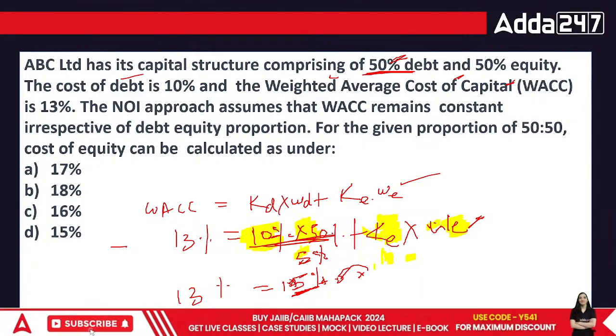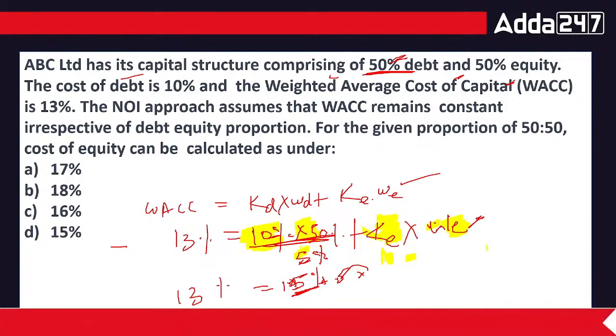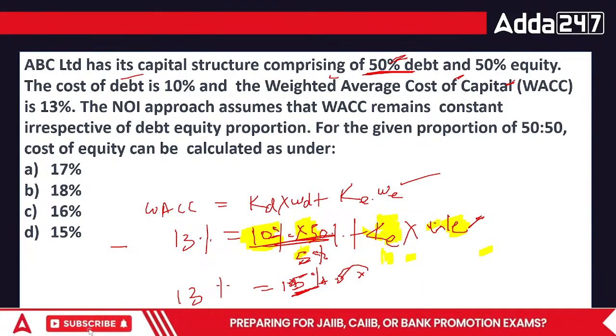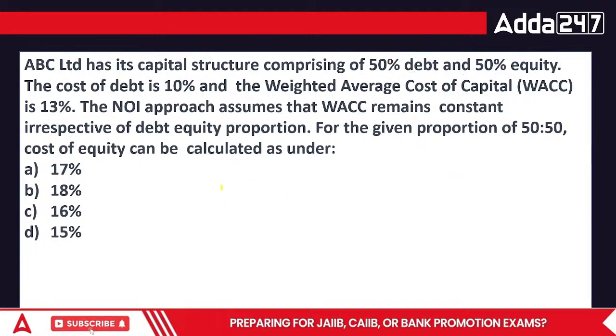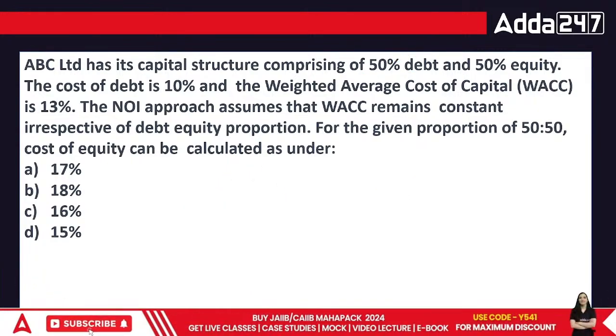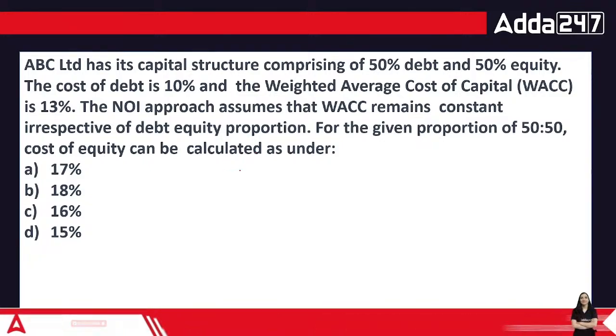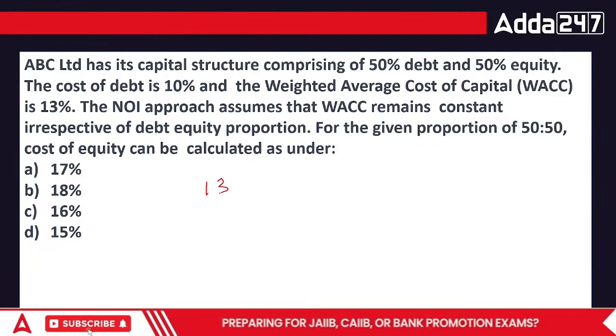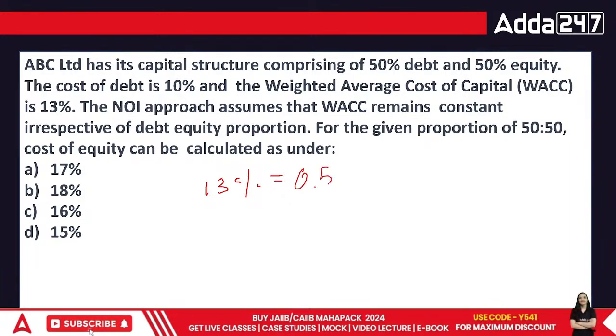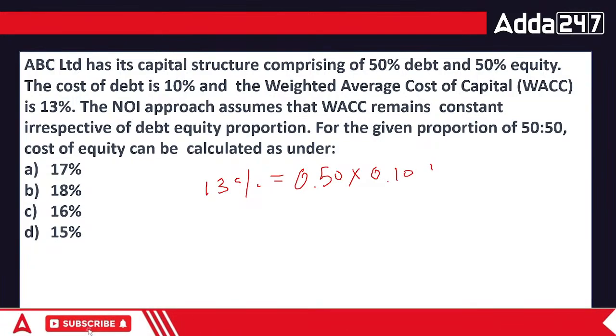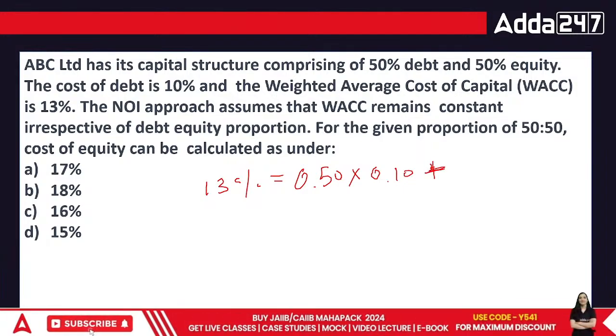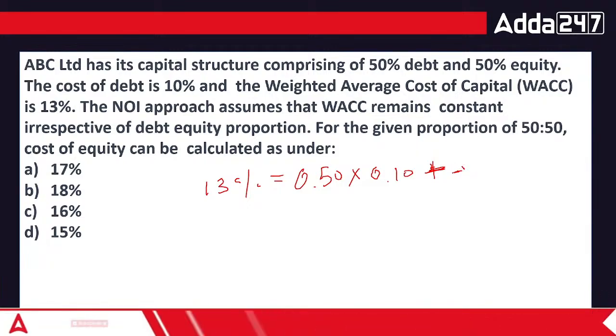What would be the answer, everyone? This is 15% into... let's solve this again, everyone. We are given an amount of 13% here, which is equal to cost of equity is 0.50 into 0.10, plus... in this case, what's going to be the answer?